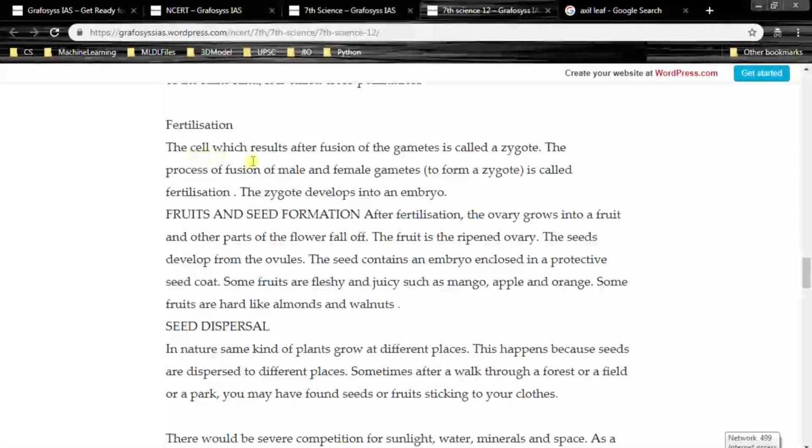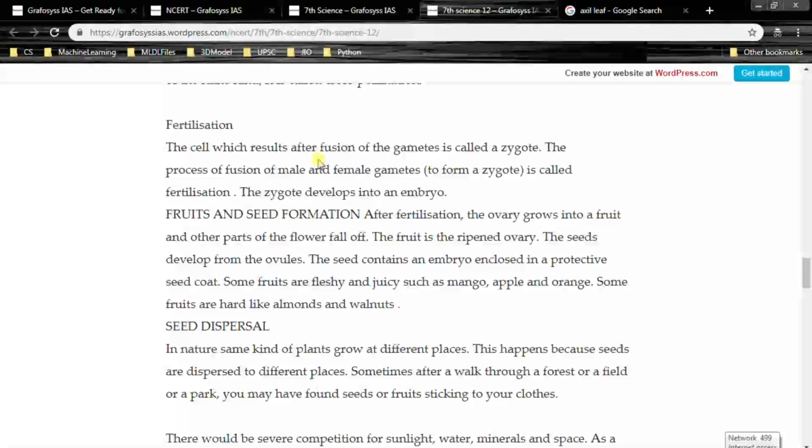Fertilization. The cell which results after the fusion of the gametes is called a zygote. The process of fusion of male and female gametes to form a zygote is called fertilization.